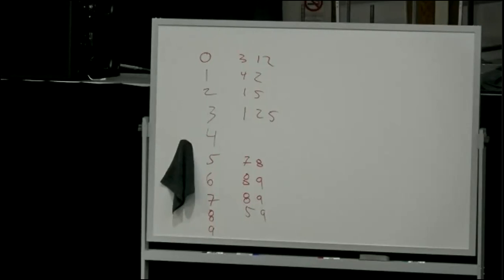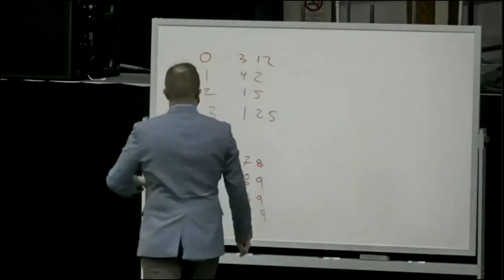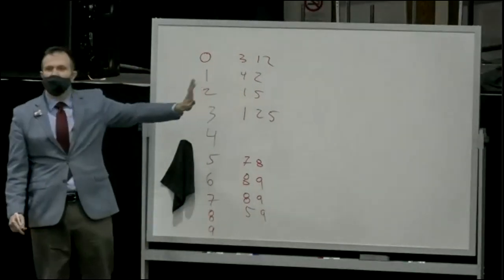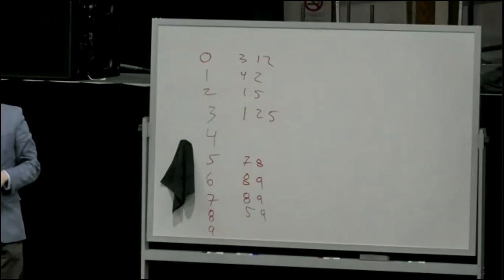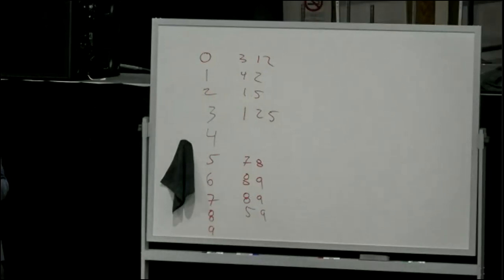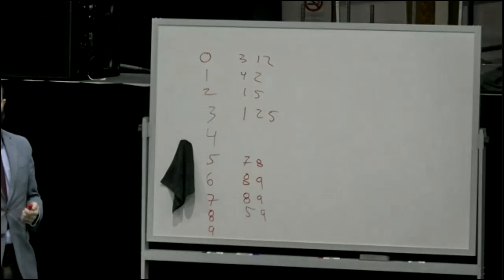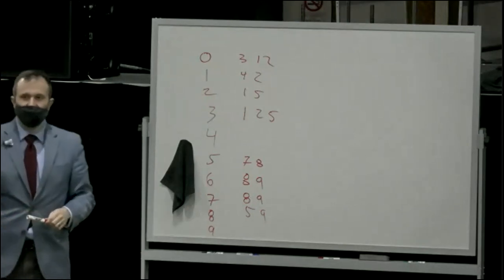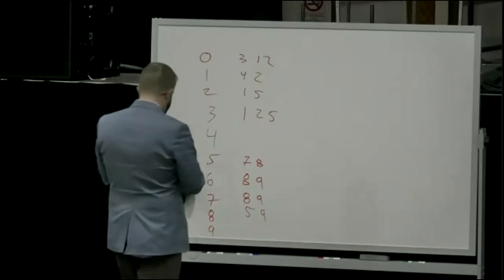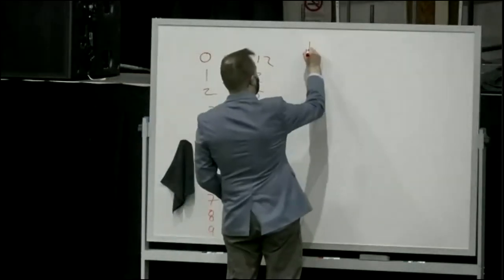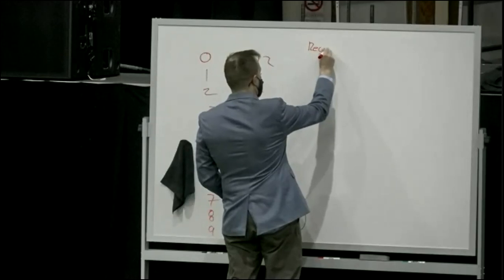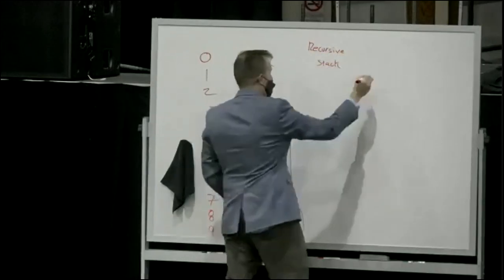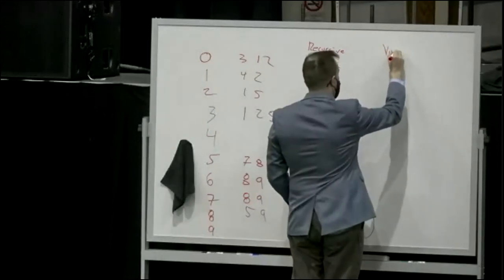Okay, here's a step-by-step. We start at node 0, and the order in which it's inserted is important, so there's no guarantee that we're going to get everything in a nice, clean order. It has 0, 3, 1, and 2. The two things to bear in mind are a recursive stack and a mapping of visited and parent.